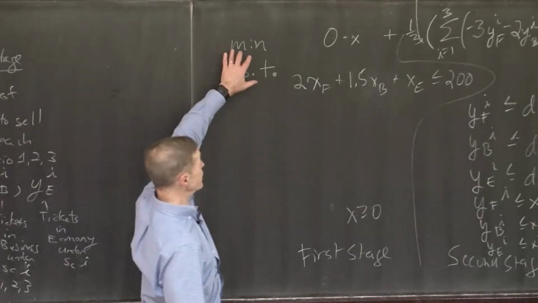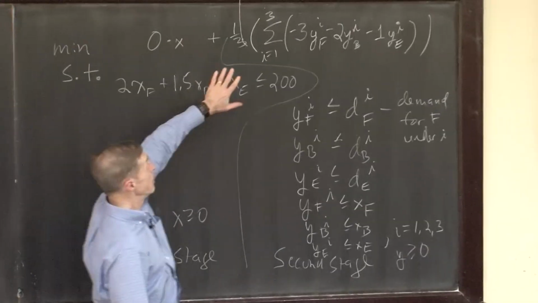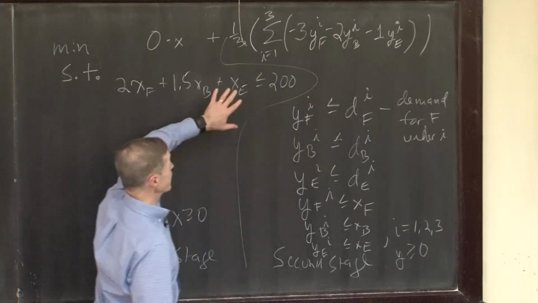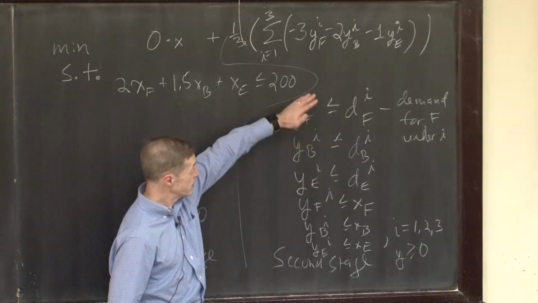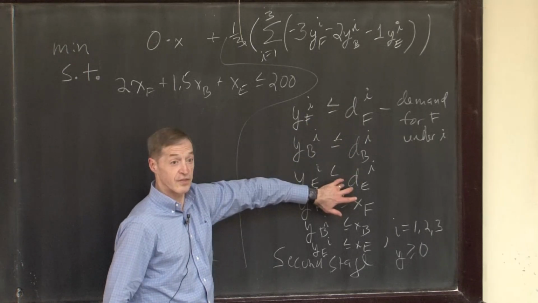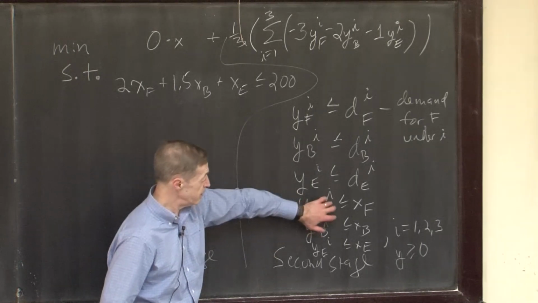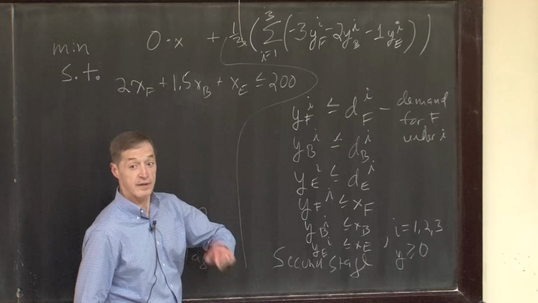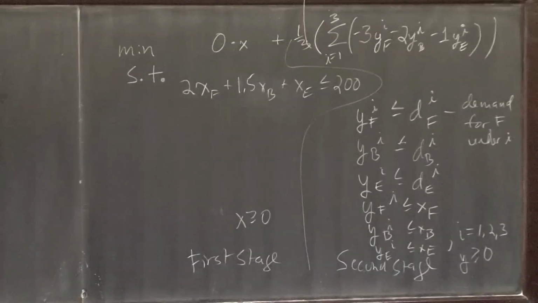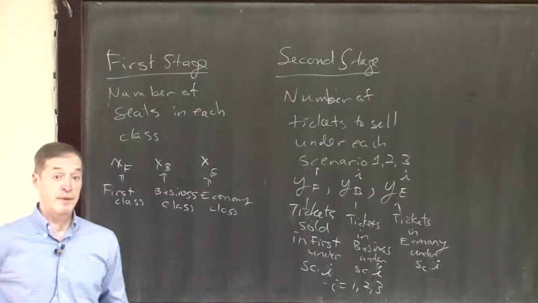And then the optimization model is you minimize the cost of the first stage plus the expected cost in the second stage, where the second stage meets a set of constraints that depend on the realizations of the demand and also depend on how much capacity you've installed in the first stage. Okay, so that's an example of a stochastic program.